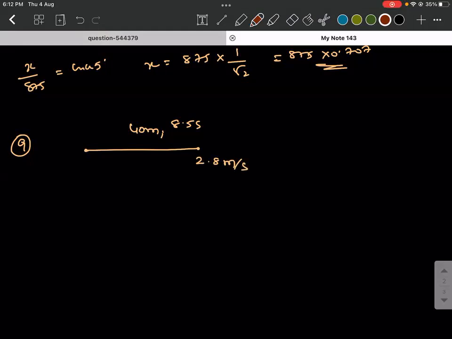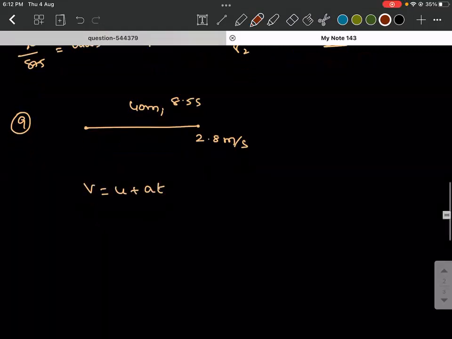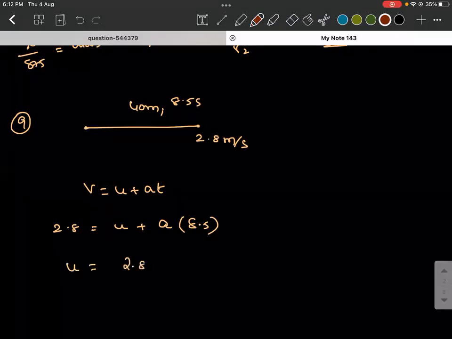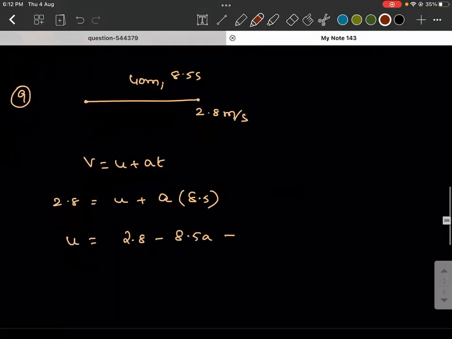So if I apply V is equal to U plus AT, V is 2.8 is equal to U, we don't know, plus acceleration, we don't know, into time 8.5. Okay. So can I say U is equal to 2.8 minus 8.5A? Let me call this equation number 1. Is it clear till this step?